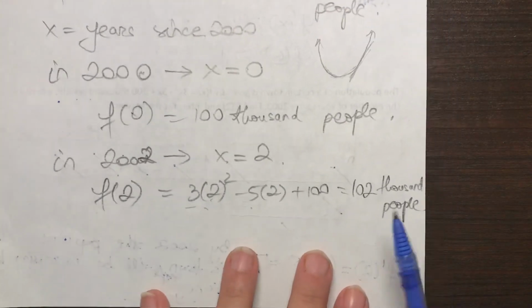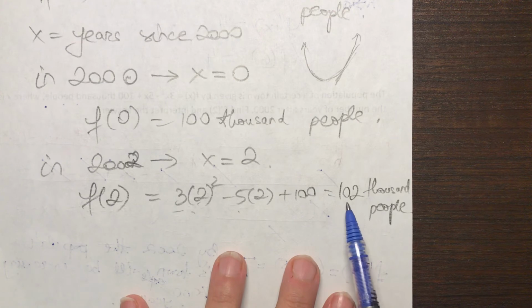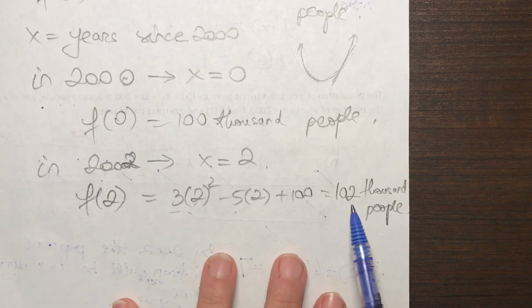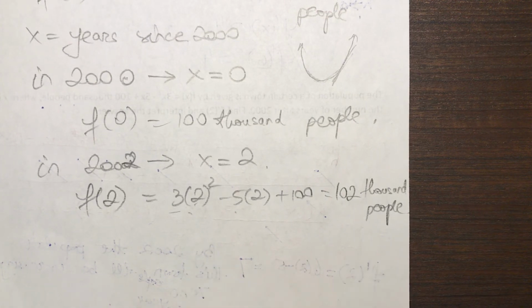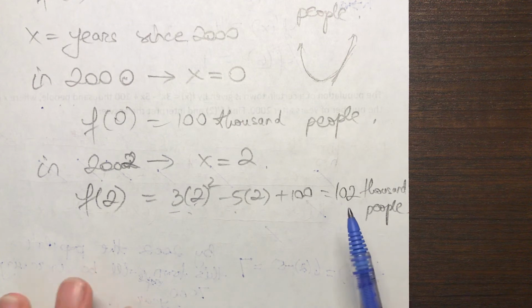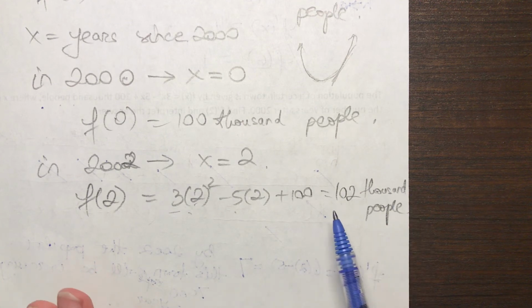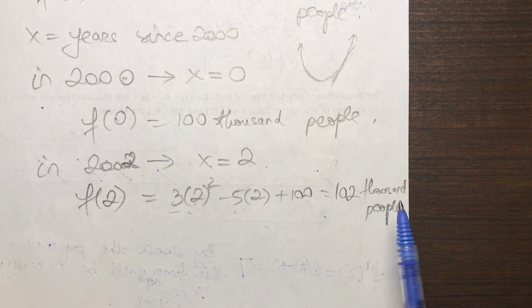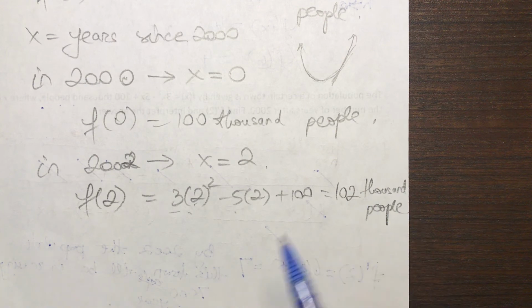Whatever we have found in 2002, it was 102,000 people. So what we're doing is we're expecting this population to increase by another 7,000 per year. So by 2003, we're expecting the population to be about 109,000 people. Now, that doesn't mean it's exactly, it's just an approximation.